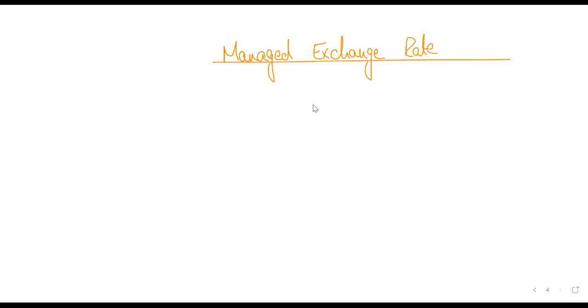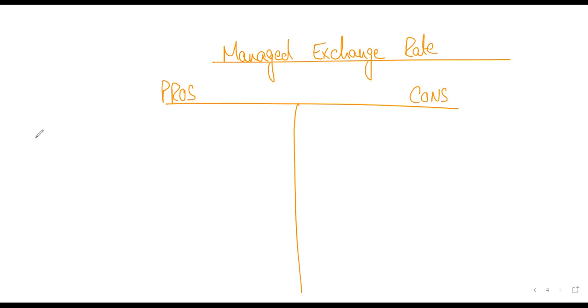Okay, now opportunity cost is a disadvantage, yes, but can you explain a little bit more? Pros and cons. Now the first pro is reduces uncertainty, right? So what is the biggest advantage of free floating exchange rate?